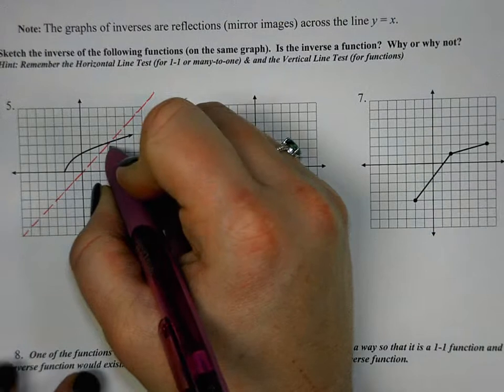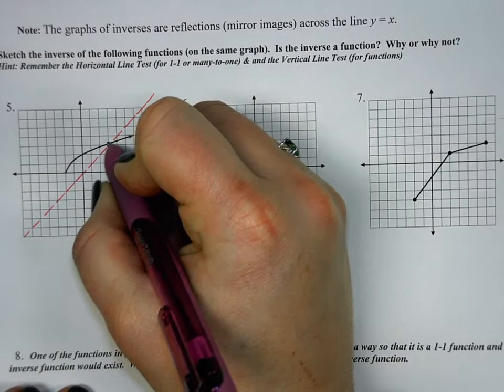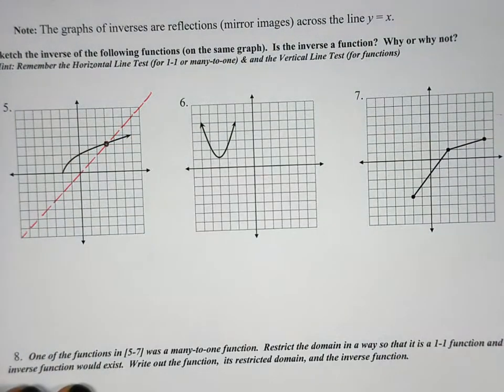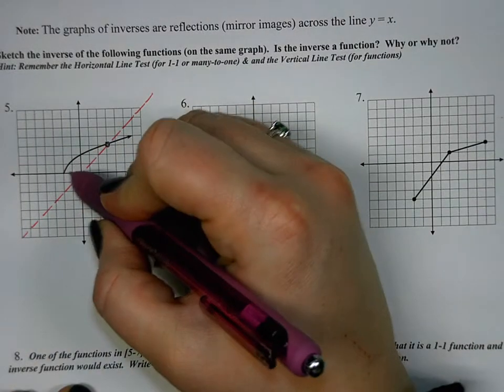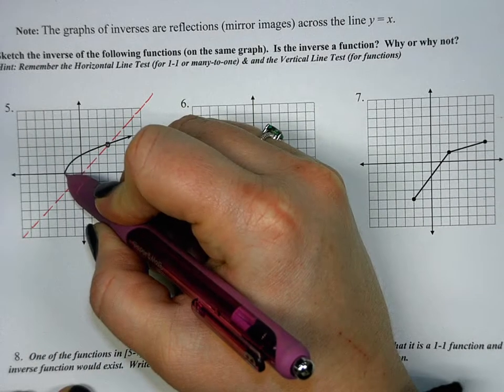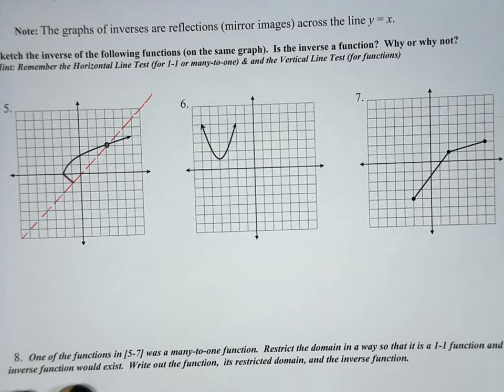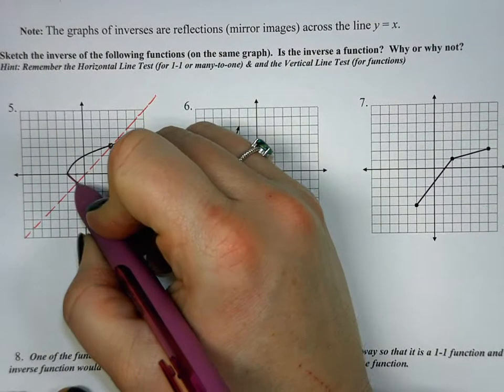So already where it crosses, I know my inverse has to cross there as well. If I try to think of a distance, that's one away. So if I go another one away, there's another point.